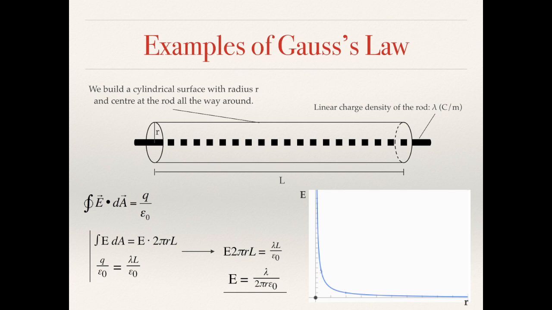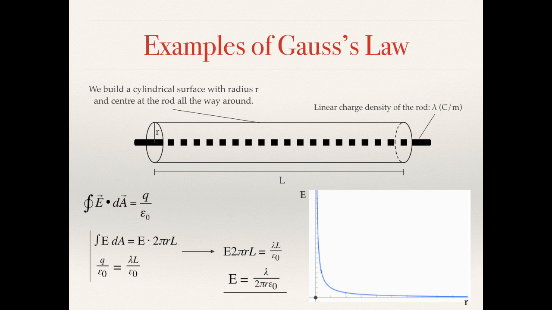The electric field is related to 1 over r. So when the r is infinitely small, the electric field will be infinitely large. And when the r is really, really big, the electric field will be very small. So this means that the closer we are to the rod, the stronger electric field we are going to measure.